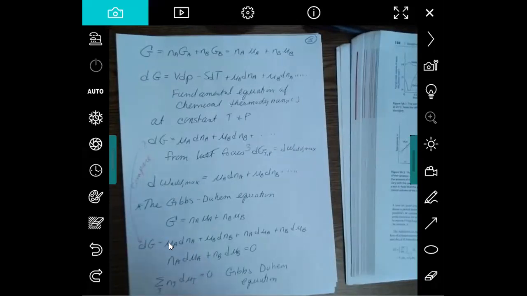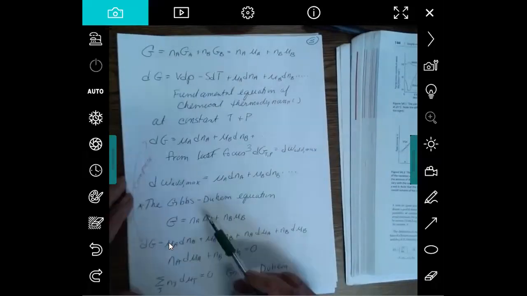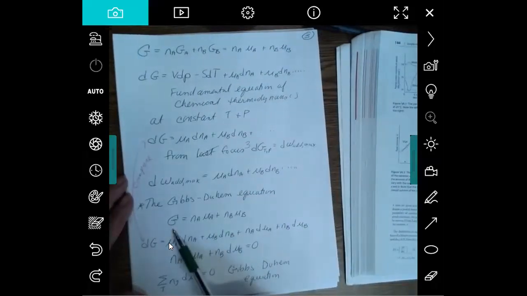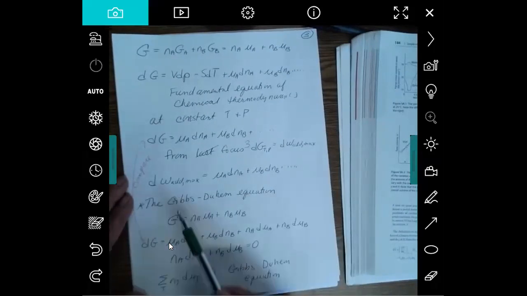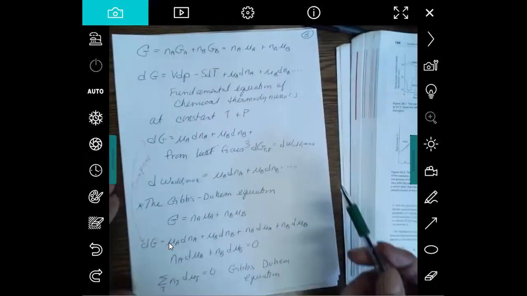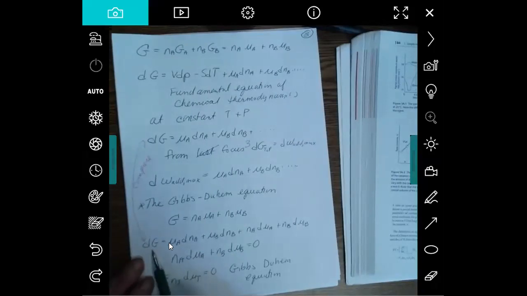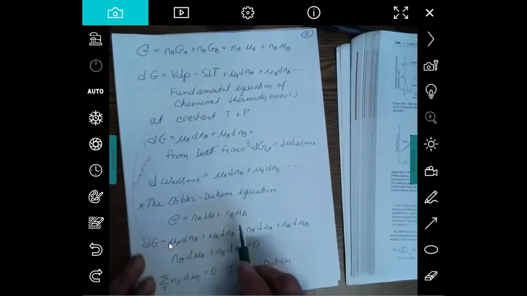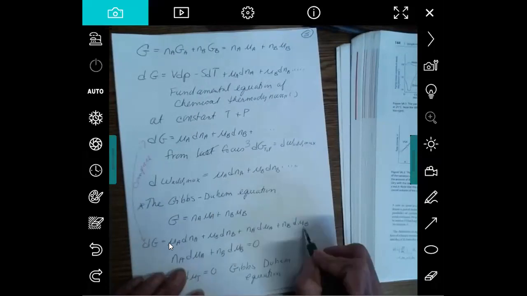The Gibbs-Duhem equation is important in the sense that it allows us to think that the chemical potentials have to change in equal and opposite ways, essentially. So the Gibbs-Duhem equation says the Gibbs free energy total from up here is equal to the moles of A times the chemical potential of A, plus moles of B times the chemical potential of B. But we also know from a total differential point of view that dG is going to be equal to, if we look at this, the chemical potential of A times how the number of moles of A changed, plus the chemical potential of B times how the moles of B changed, but the chemical potentials themselves are a function of composition, so they'll be changing.